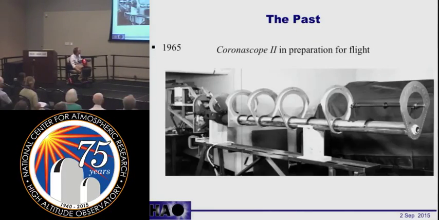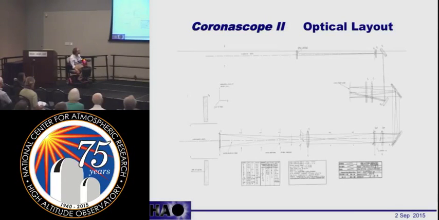Next slide. This is the Coronascope 2. Old picture in the lab. Now it was enclosed. You have all these baffles to trap any kind of internal stray light. And you can see on this rod the 3 circular occulters. Next slide.